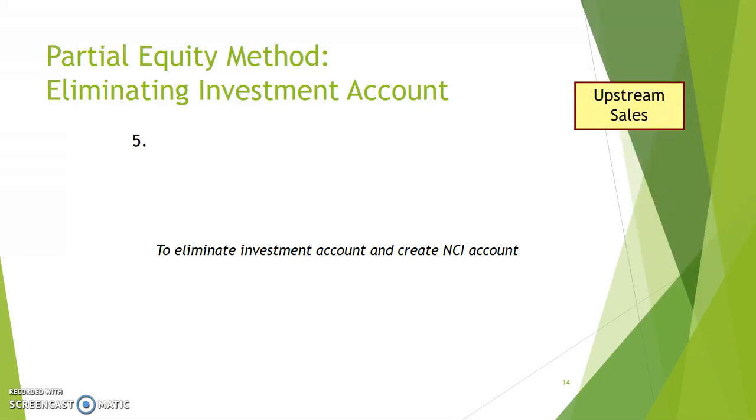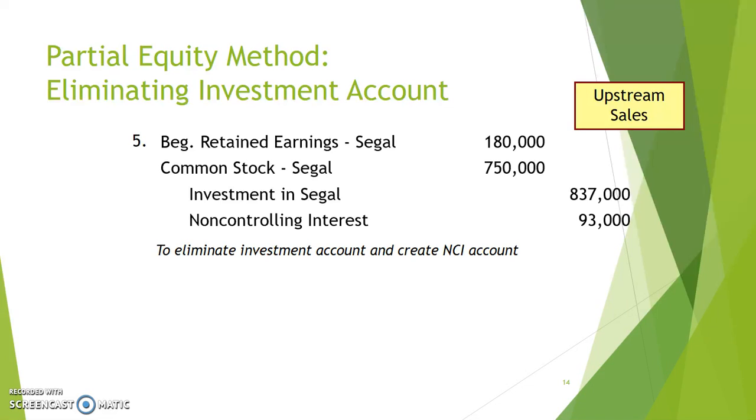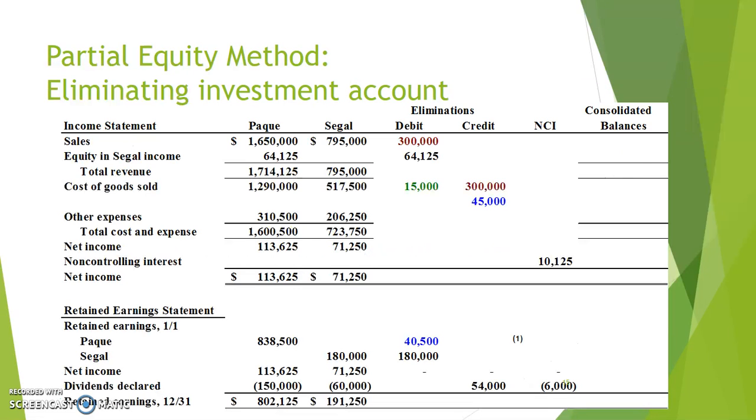Next, we would eliminate the investment account and create the NCI account. So we would debit the beginning retained earnings with 180,000. We would debit the common stock 750,000, and we would credit the investment account with 837,000 and the non-controlling interest with the 93,000.